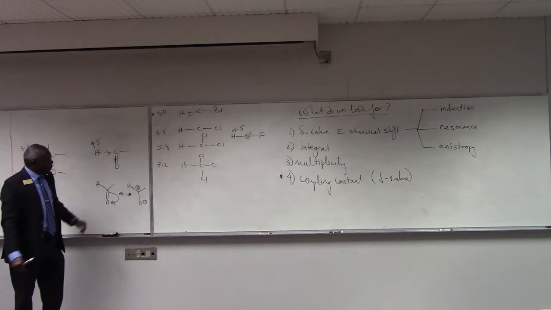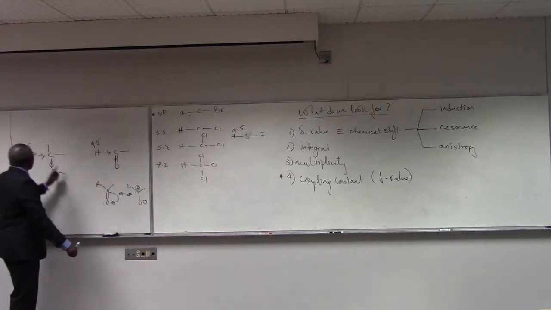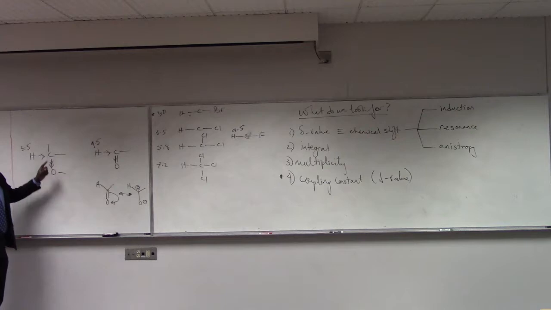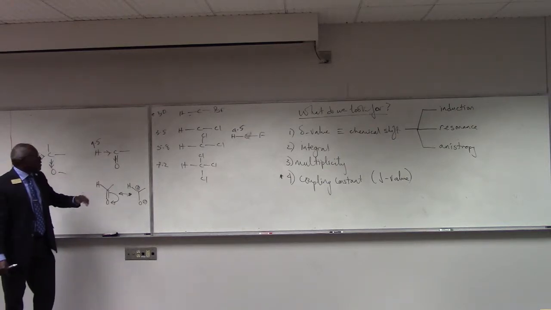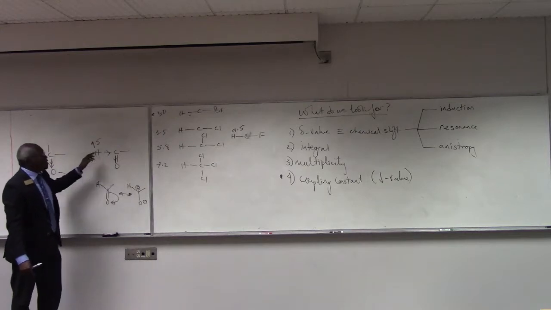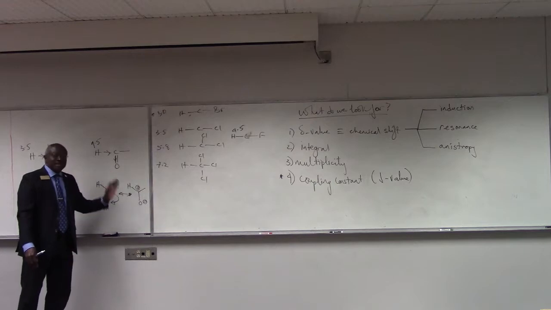To some extent. Which means the pull of this carbon is much, much greater than the pull of that carbon. So that the resonance effect that is true for all aldehydes causes the delta value of this H to be much higher because the H is more deshielded than you'd expect by simple induction.